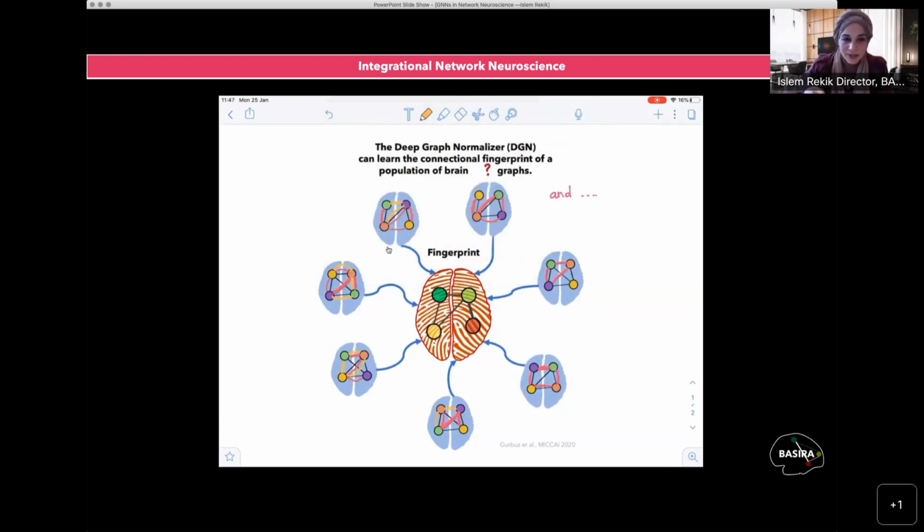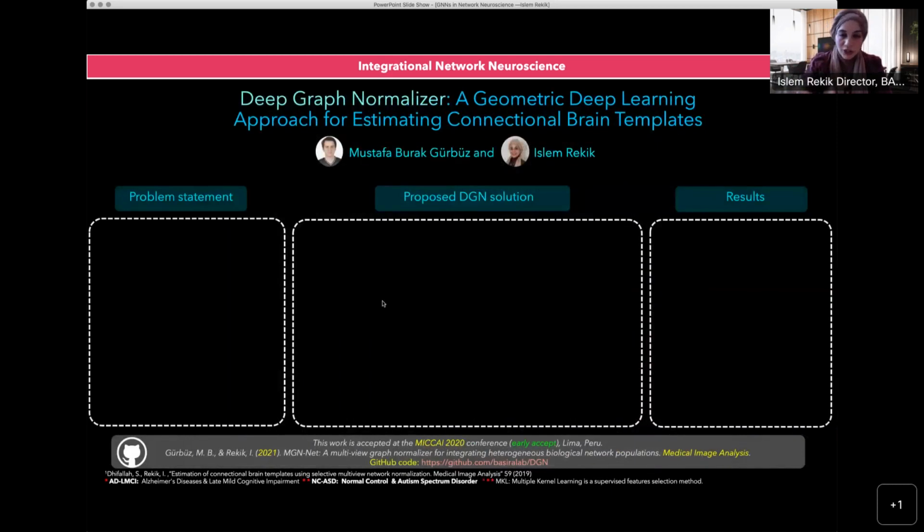The nodes are the same, but the edge types are different. In this example, we want to learn how to integrate these multigraphs into a single connectional brain template and use this template for downstream learning tasks in brain connectivity, regression, and classification. This work also got an early accept in MICCAI 2020. It was presented by my undergrad student Burak.